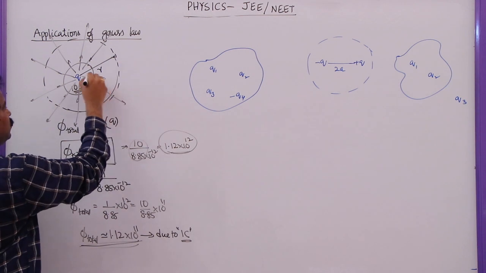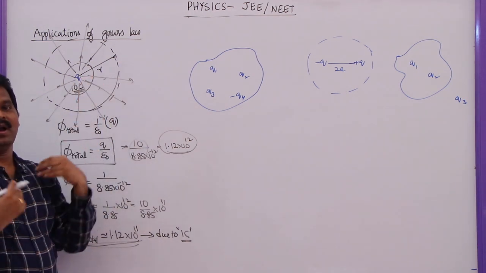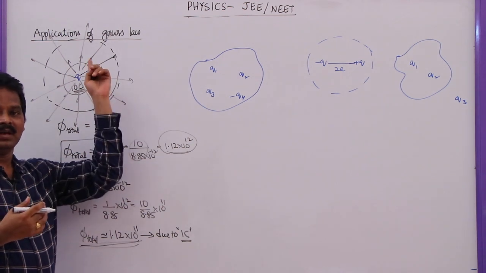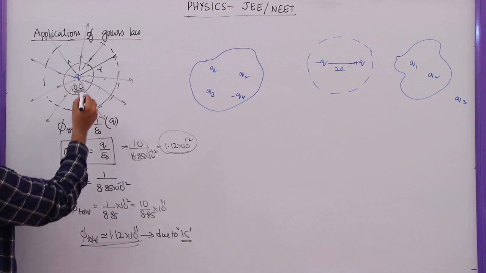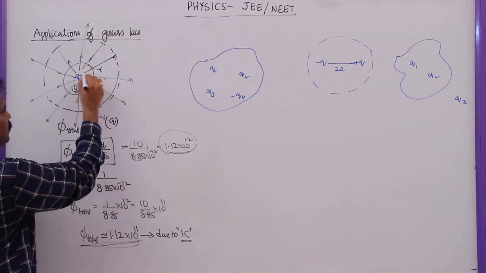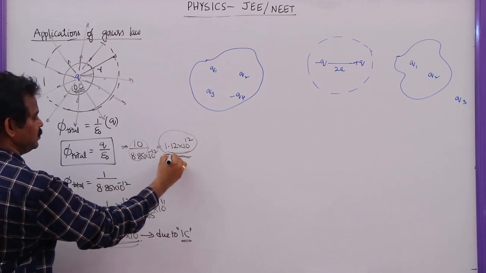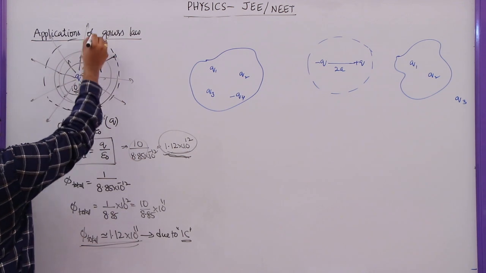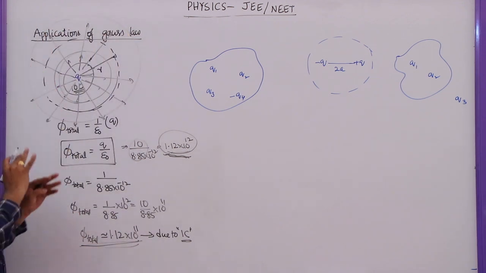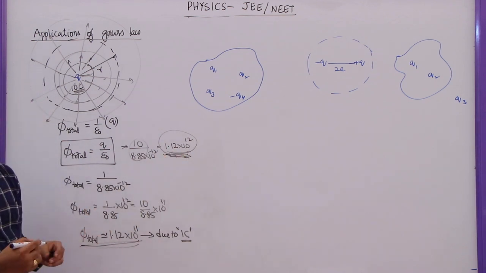If there is no negative charge in the neighborhood, we have to assume these lines are going to terminate at infinite distance. So irrespective of the radius of the spherical Gaussian surface, the total number of lines is always constant. If you take another small spherical surface, or a bigger one, through all these spherical Gaussian surfaces the number of lines remains the same.